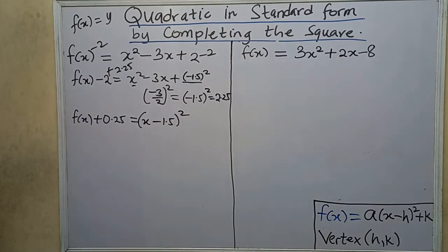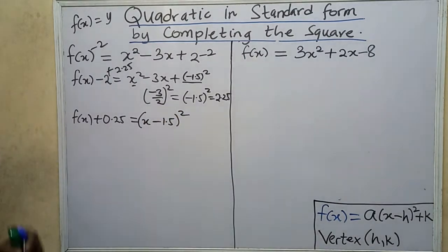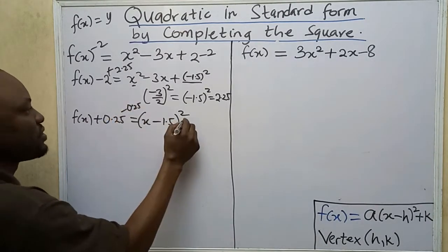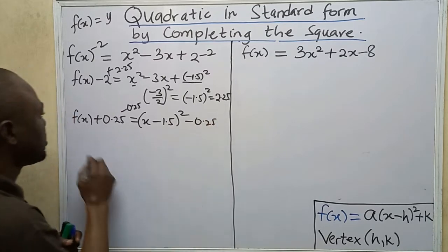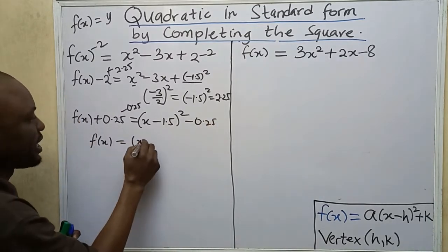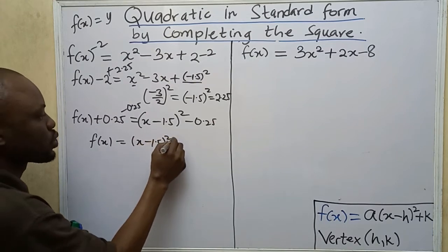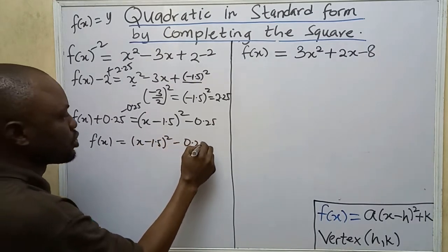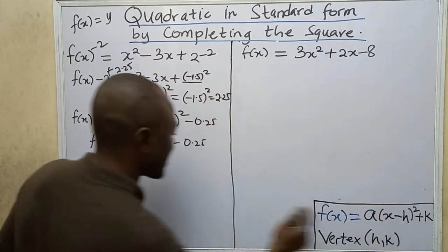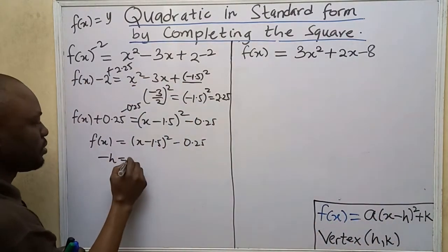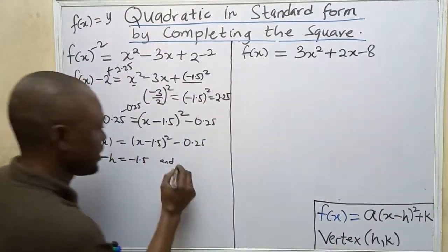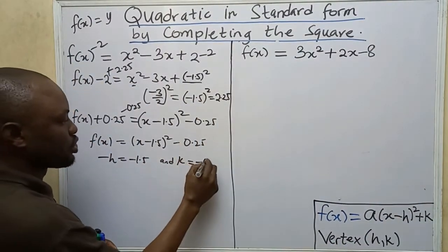Now, the next thing to do, I want to find f of x. So I'm going to subtract 0.25 from both sides of the equation. So my f of x will be x minus 1.5 all squared minus 0.25. Now, if I compare this with this, you can see that minus h equals minus 1.5, and my k is minus 0.25.